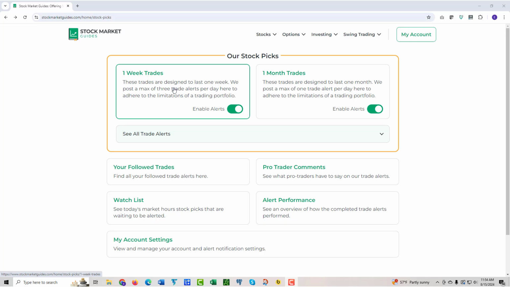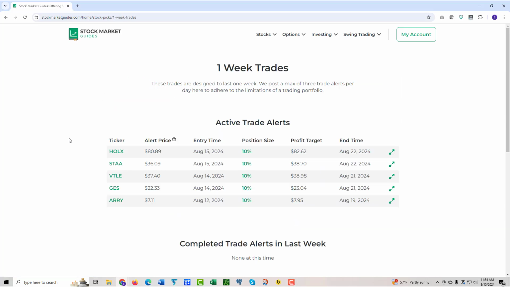But let's say that you are interested in the 1 week trades. Out of all the trade alerts, out of all the trade setups that we find that have a back-tested edge at any given time, we'll just take up to a couple a day and feed them right to you. And we give you ideas for an exact trade setup to use.